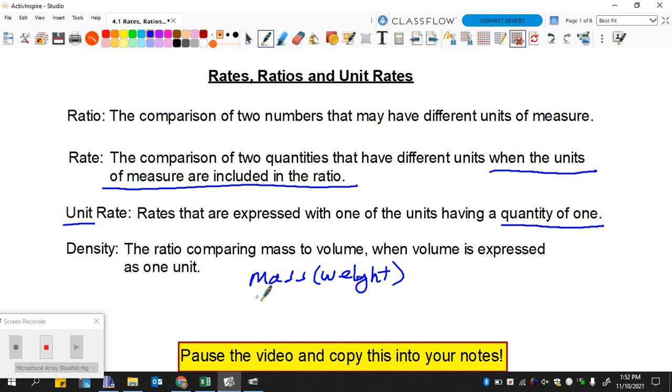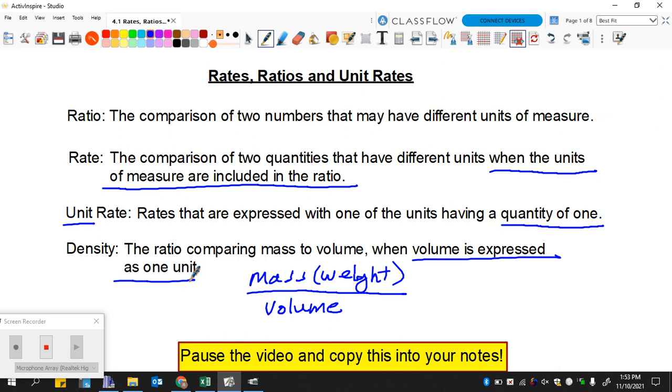Mass is weight over volume. Mass over volume, okay? And this is going to be a unit rate, because the volume is expressed as a unit of 1.